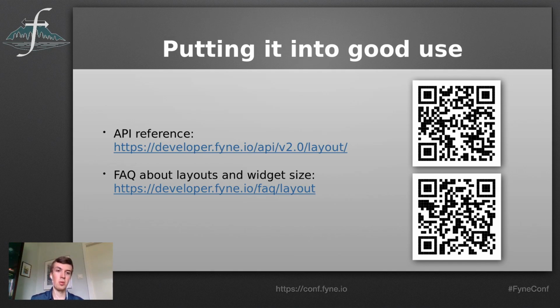You can scan the QR codes above, the top QR code for that API reference, and there's also a frequently asked questions section about layouts and widget size on the developer.fyne.io site as well, which you can use the below QR code for.